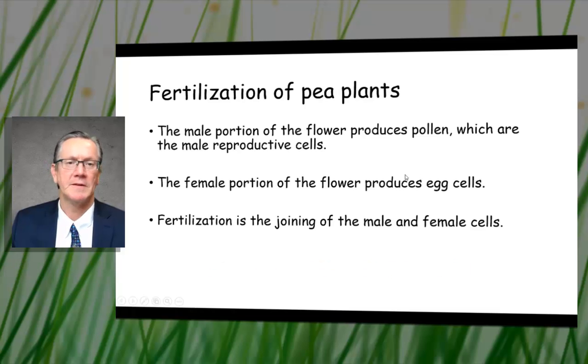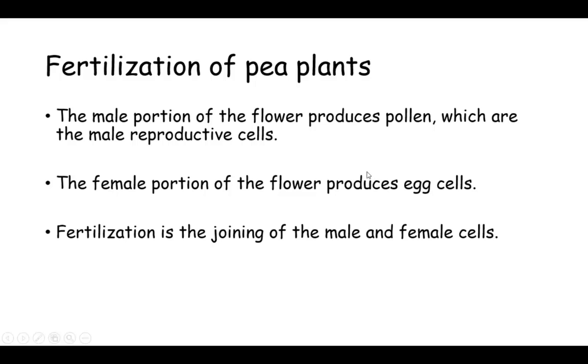Fertilization of pea plants. The male portion of the flower produces pollen, which are the male reproductive cells. The female portion of the flower produces egg cells. Fertilization is the joining of the male and the female cells.